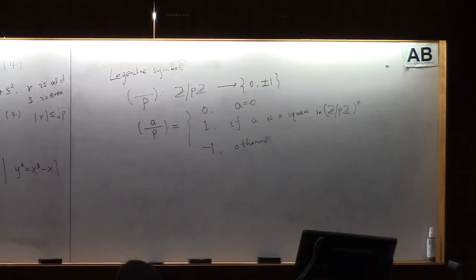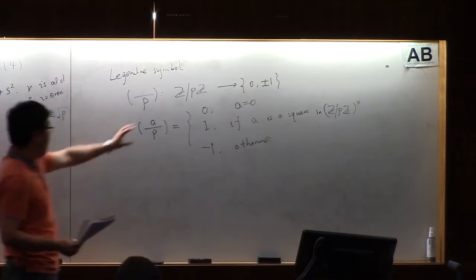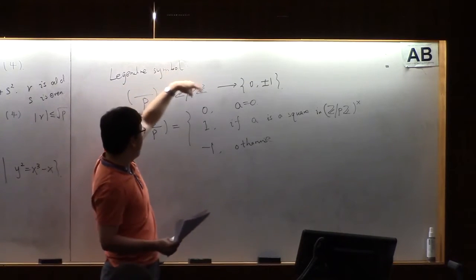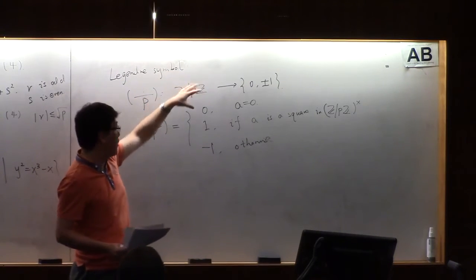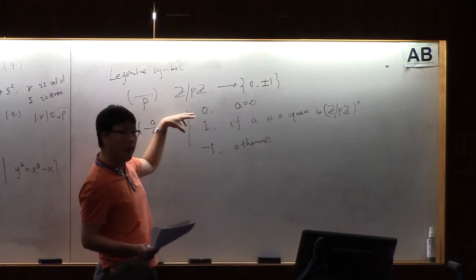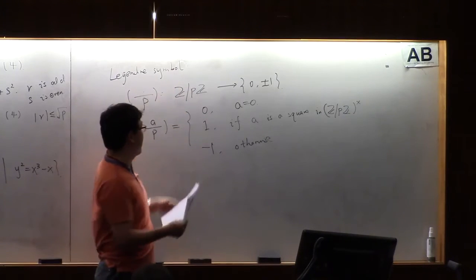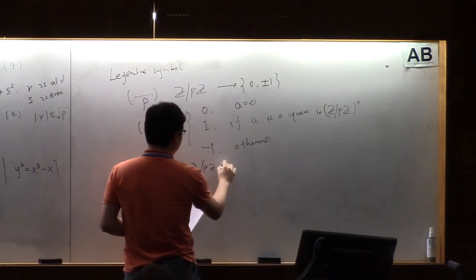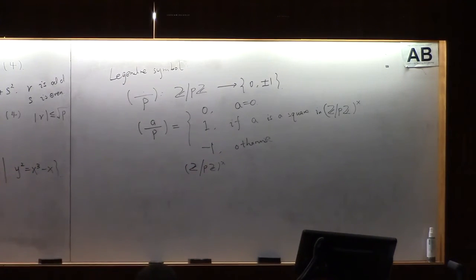Then if you just restrict this map to the non-zero elements in Z mod pZ, you'll see that this gives you a quadratic character of the group Z mod pZ.